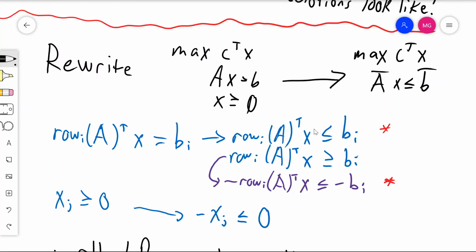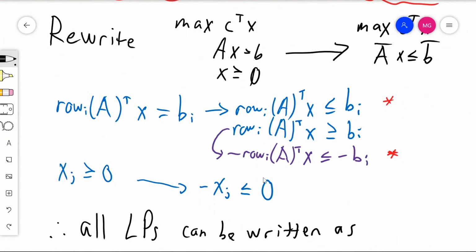There's a less than or equal to, so you're good there. And then for the greater than or equal to, all you have to do to flip it to be less than or equal to is multiply both sides by -1, like I've done in this purple update here. These two red asterisked constraints are the ones we want. They're equivalent to this original constraint, but they're both less than or equal to.